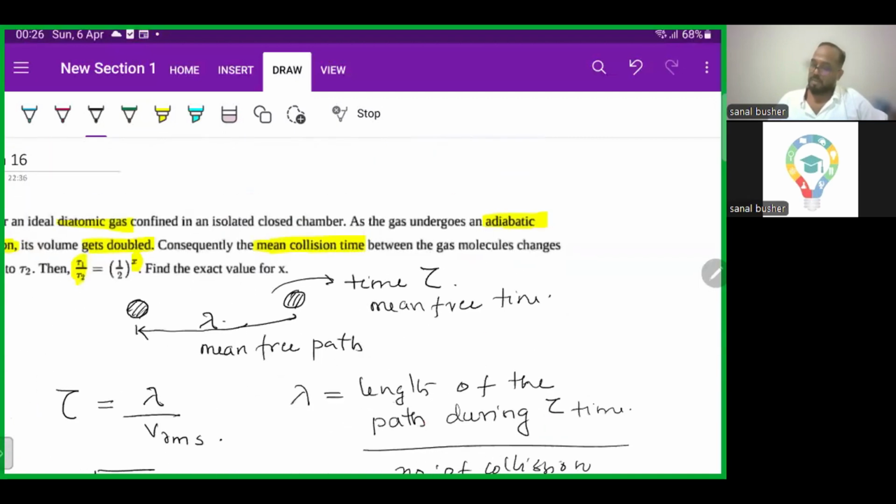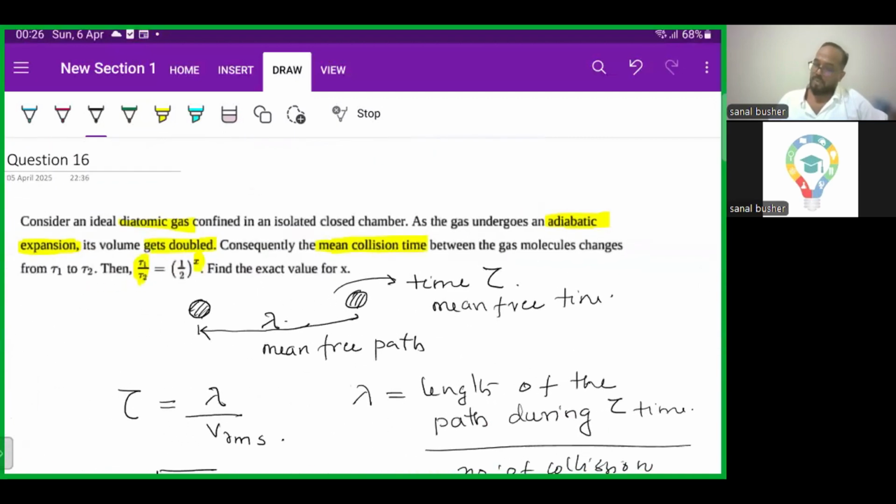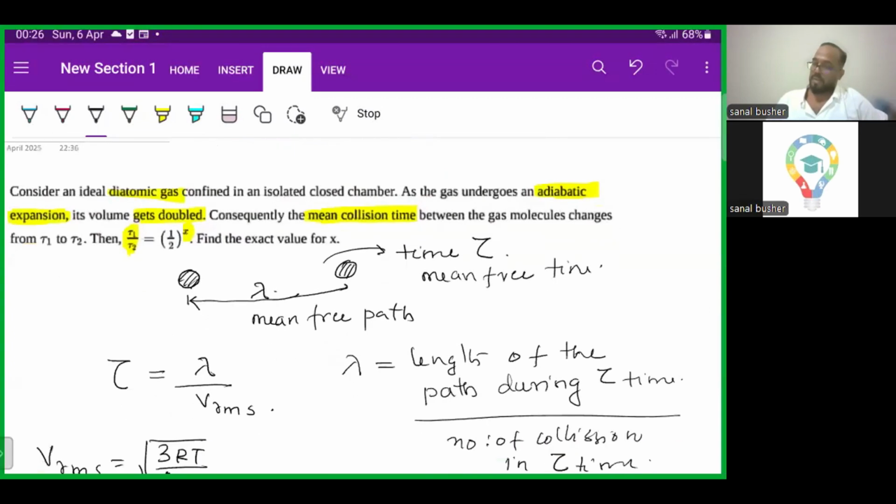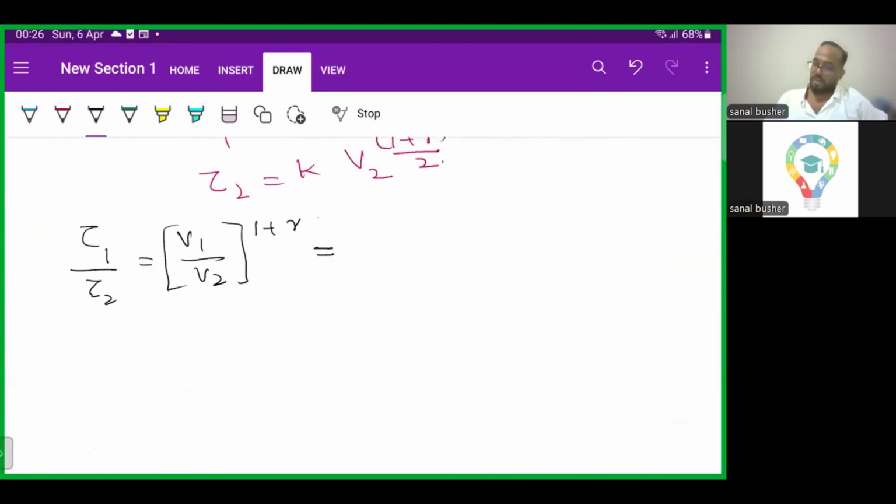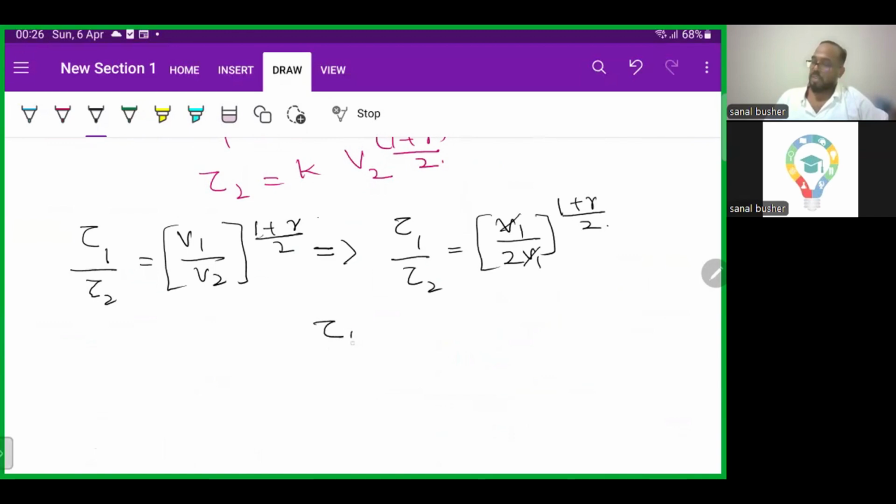V2 will become double, since the gas volume is doubled. So tau 1 by tau 2 is V1 by 2 times V1 to the power 1 plus gamma by 2, which is 1 by 2 to the power 1 plus gamma by 2.